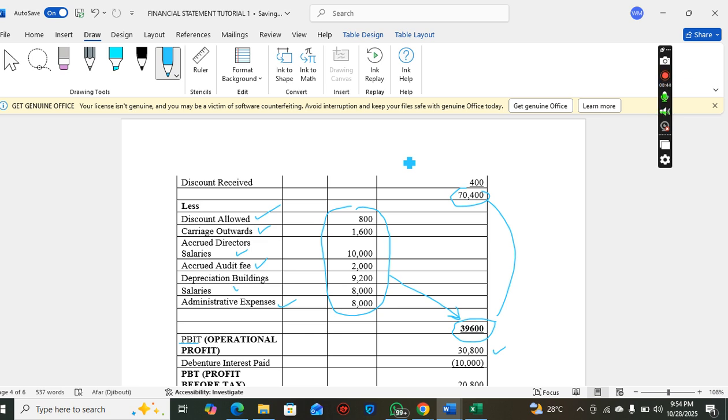I'm saying that gross profit of 70,400, that was calculated after taking discount. Yes, from the trading account. Then we added that discount received. That's how I got 70,400.